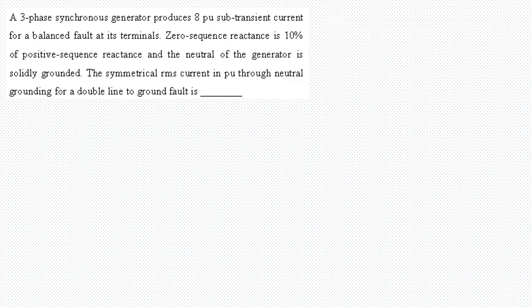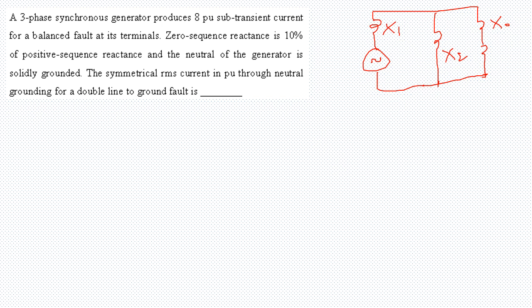So how will the diagram look? This will be X1, and this will be the voltage source. This will be the positive sequence network. In double line to ground fault, all three networks are in parallel. So this is X1, now X2 is this, and this will be X0 and Xn.